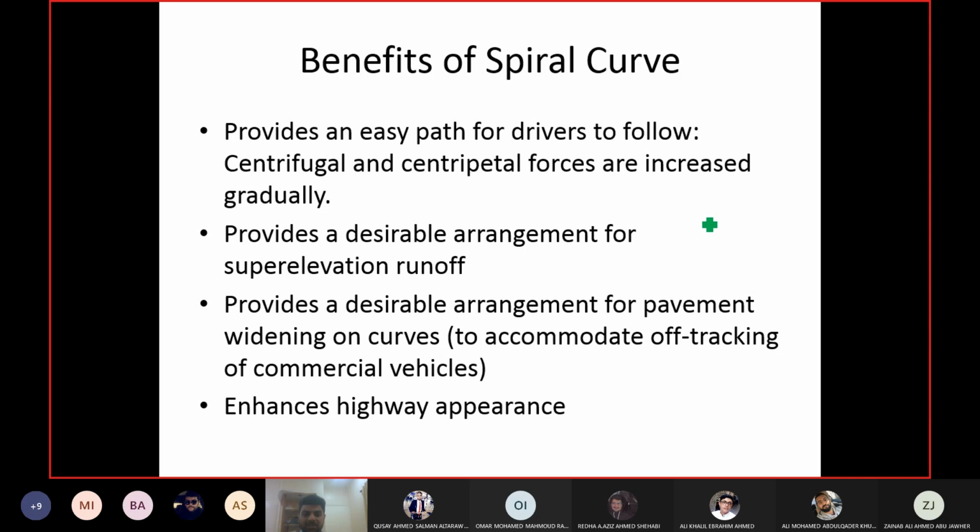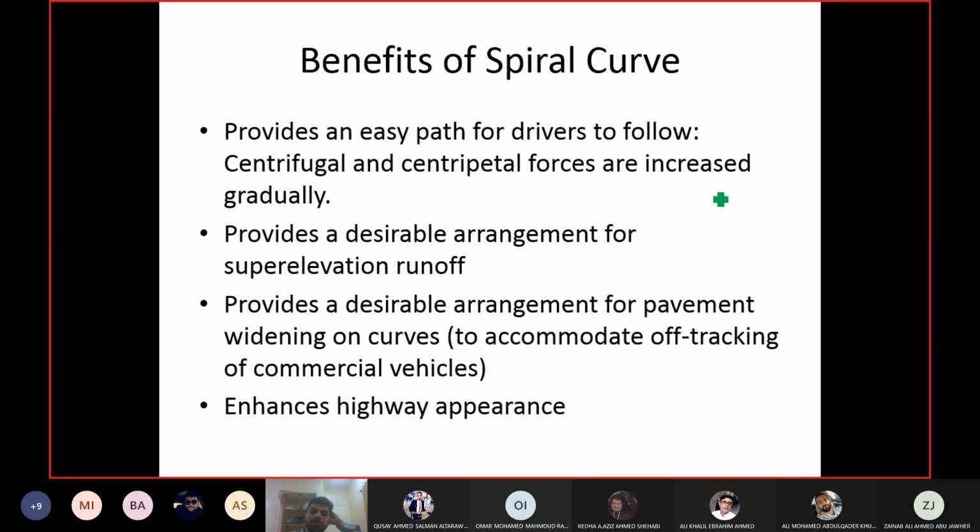And if you come from the tangent to a circular curve instantly, directly, without a transition curve, then you will increase the forces acting on the vehicle instantly as well. On the tangent, centripetal and centrifugal forces were not existing. You came onto the curve and suddenly you have the full force acting on you.